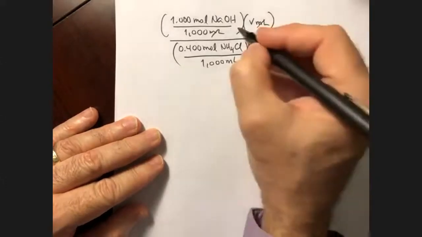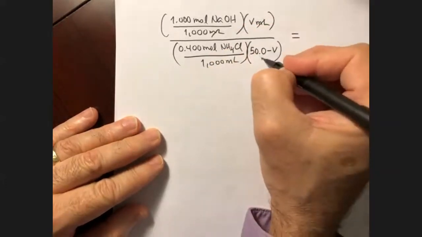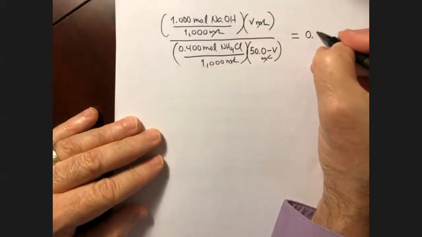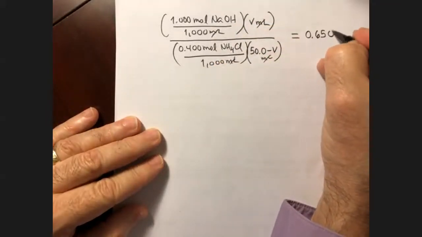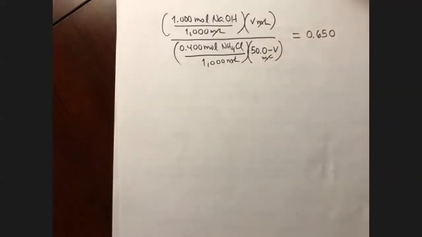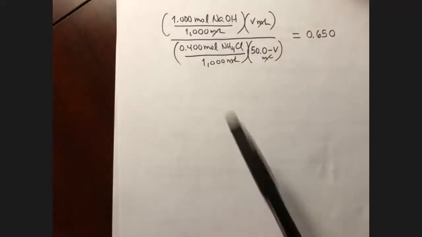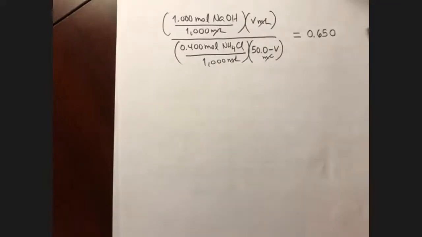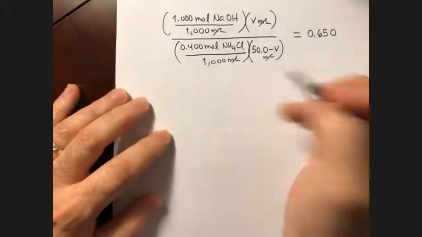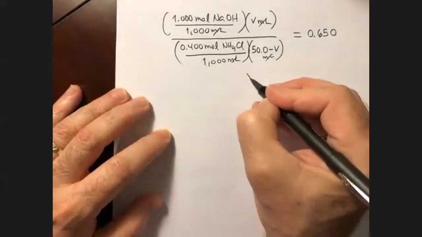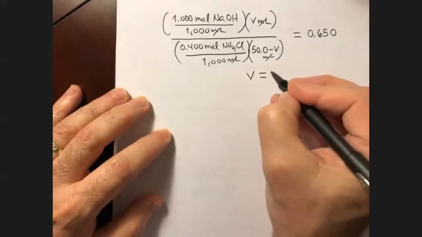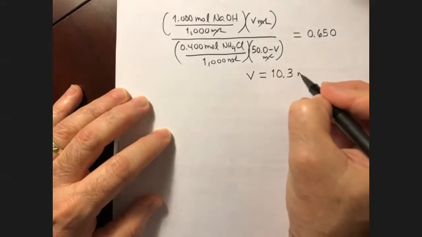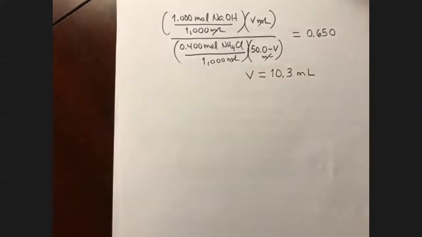And since this is going to give me the moles to moles ratio, this should be 0.650 here. So now I gotta move this over there, then move this over there, and clear it out. I'm going to skip the algebra and let you know that the volume here is 10.3. So we solve for V.